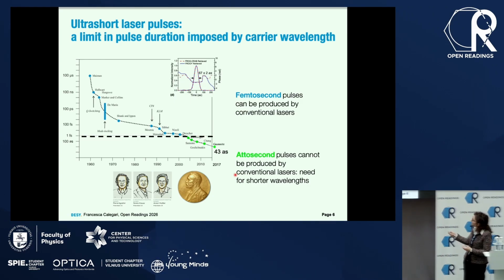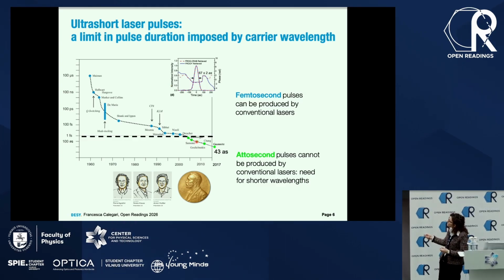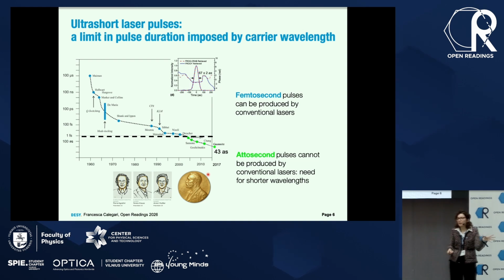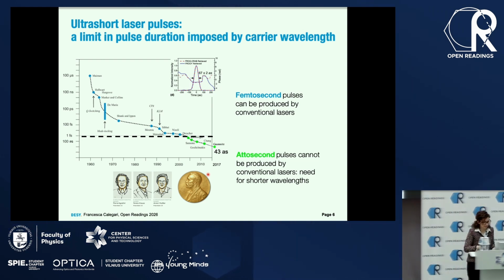And we had to do something to the lasers, which we will see soon, in order to access this regime. And nowadays, actually, this point is not up to date. I have it up to date. We go down to even 19 attoseconds. That's the fastest source available at the moment.